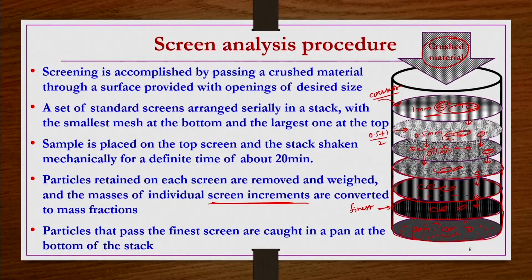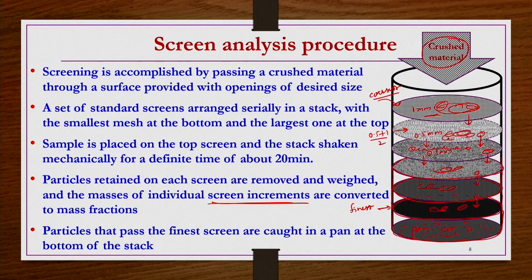Sometimes very fine particles smaller than 0.5 mm may be trapped between other, bigger particles, so they may not pass through the 0.5 mm screen. So it is possible that the material retained on this particular screen has sizes smaller than 0.5 mm also.